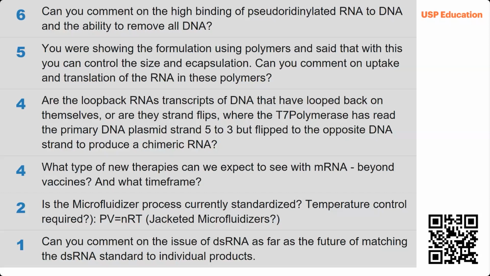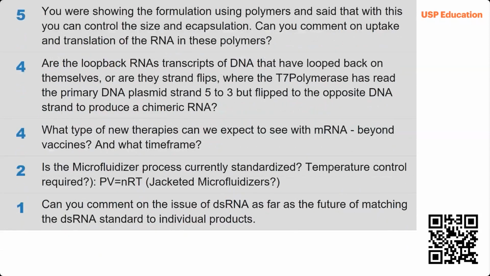And then we were showing the formulation using polymers. We can control the size and encapsulation. Can you comment on uptake and translation of RNA in these polymers? Given that the polymers are biodegradable, as they degrade, they will naturally release RNA. In most of the research I've seen published around polymeric nanoparticles for delivery, the size is really the controlling factor on how it is released.